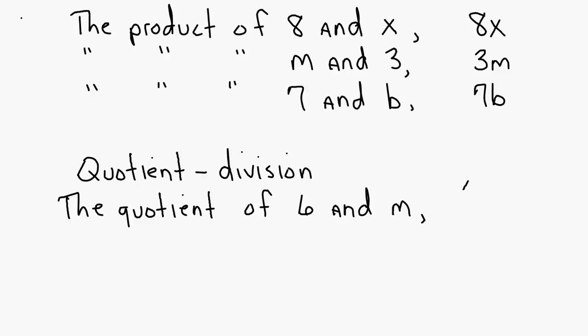That is going to be 6 divided by m. The line in the fraction means divided by. You can't find out what m is if there's no equal sign. It's an expression. It's not an equation.